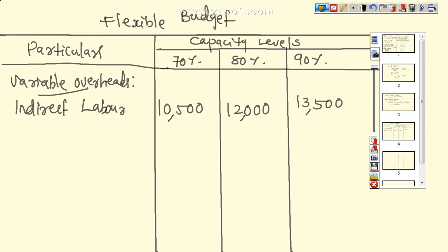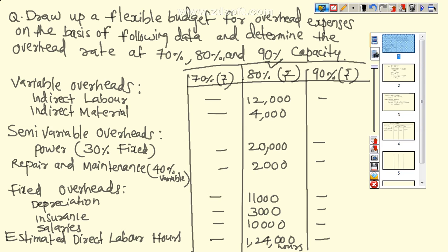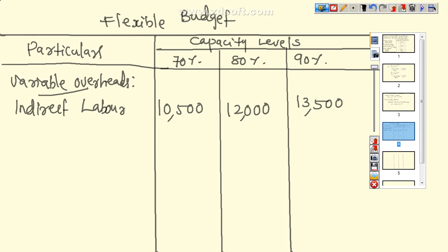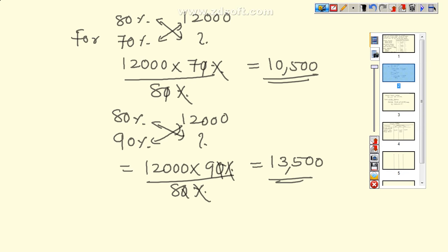13,500. And next item in case of variable overhead, next one, indirect material. Indirect material for 80% capacity, that is given in the question, so we write it here, indirect material for 80% capacity is equal to 4,000. Now we have to calculate for 70 as well as 90% capacity.